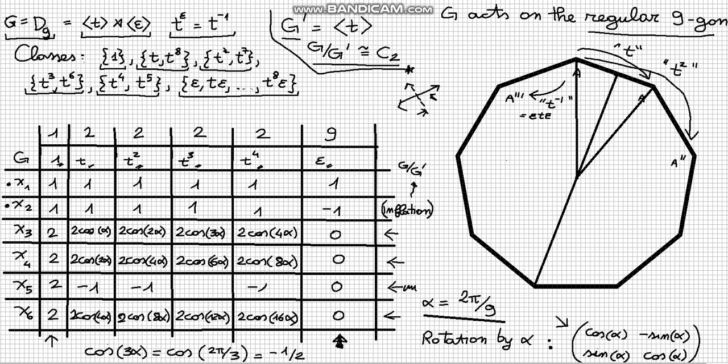Here you will also have -1, and here you will have cosine of 2 pi times 2, which is 2. You recognize that this line is exactly the one given by inflation from S3, or if you want the dihedral group of degree 3, and this corresponds to the fact that there is a triangle inscribed in this regular 9-gon. And this is it.